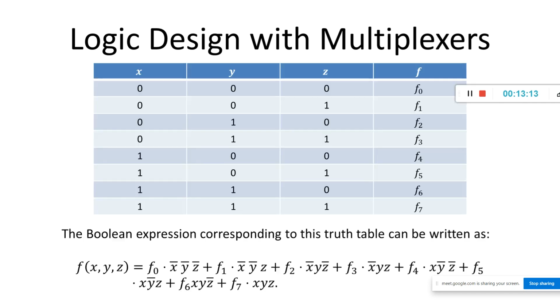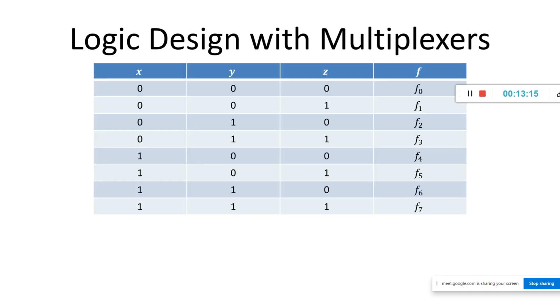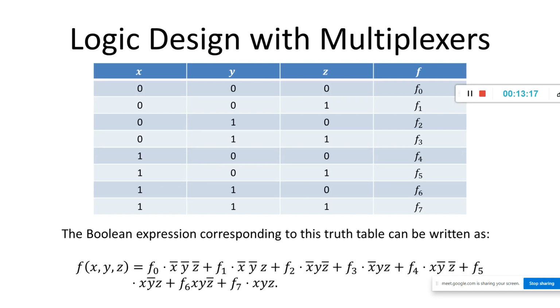We had seen here the 3 input variable function. We have here 0 0 0 up till 1 1 1, f0 to f7. The boolean expression corresponding to this truth table can be written as f of x y z is equal to: if all the select lines are 0, then f0 is selected.